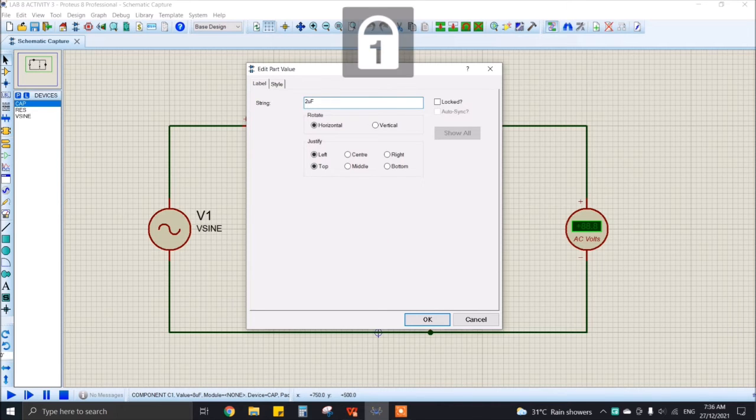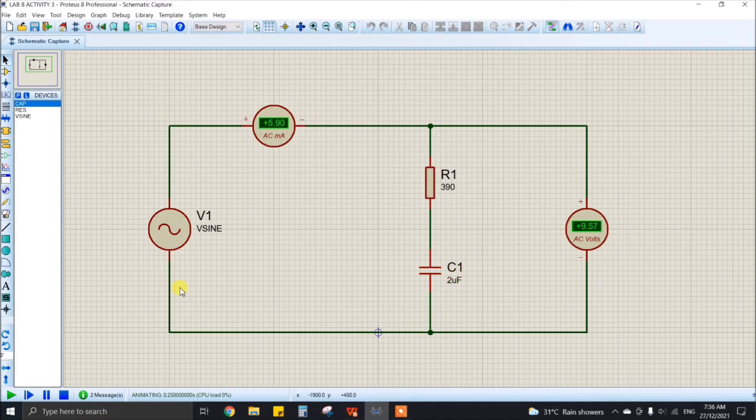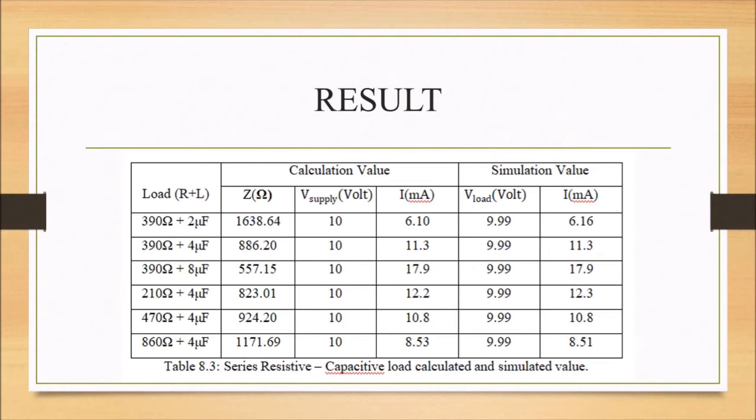Let's simulate and see the values obtained. Okay, the simulation is complete. For this circuit, we have obtained the total current of 6.16 milliampere, and the voltage of 9.99 volt across the RC load.